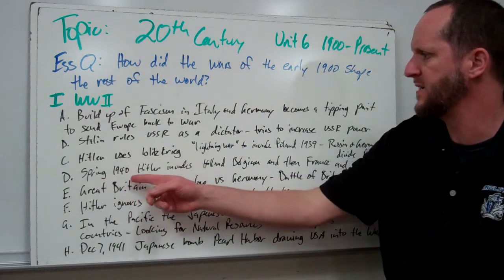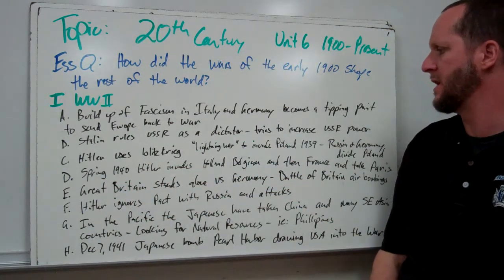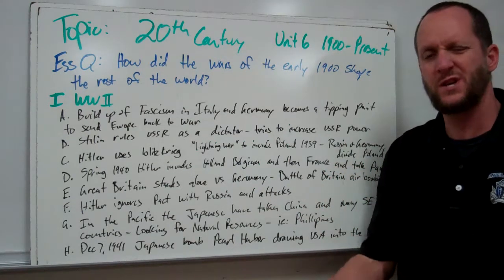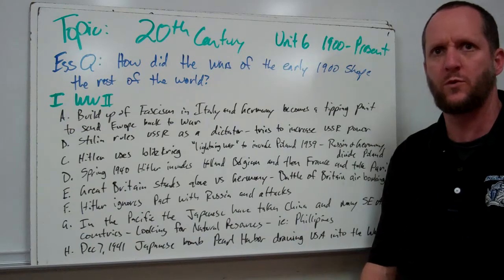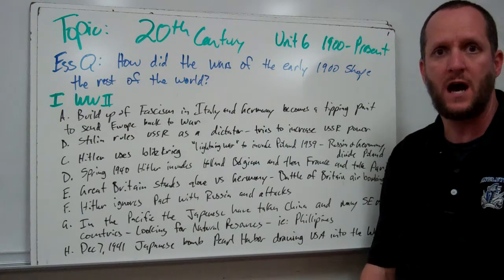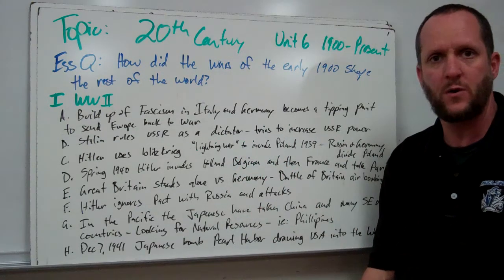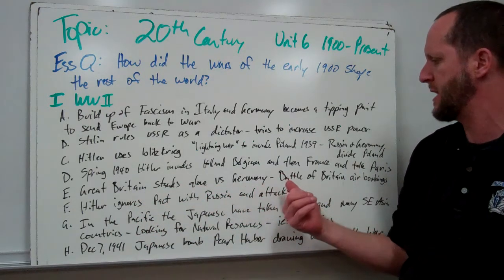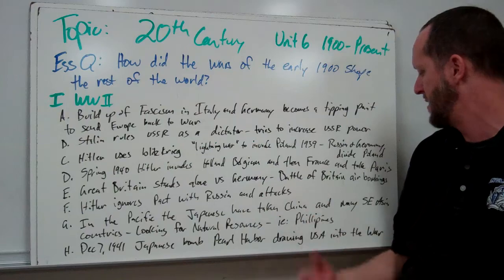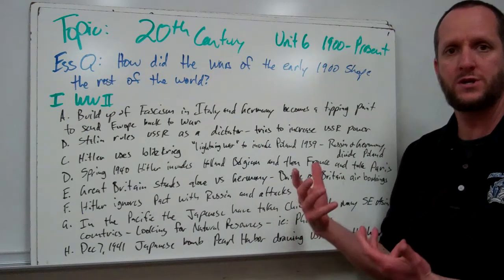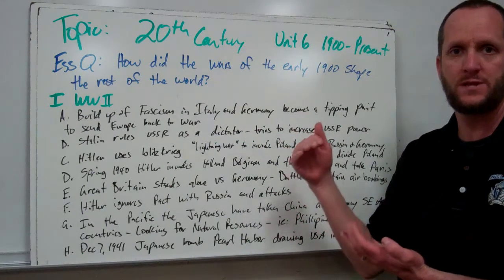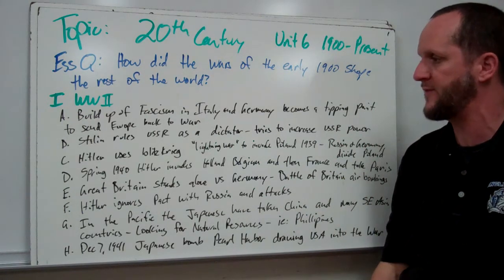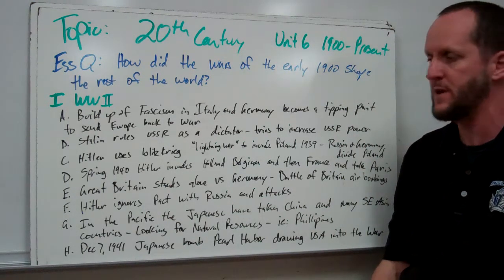In the spring of 1940, Hitler invades Holland and Belgium, and then France, and takes Paris. We talked about the Schlieffen Plan with World War I and how that did not work. Well, it worked very well for Hitler. Great Britain kind of stands alone against Germany, goes into the Battle of Britain, where the British were fighting off the Germans, who were continuously air bombing them every single day for quite a long period of time.